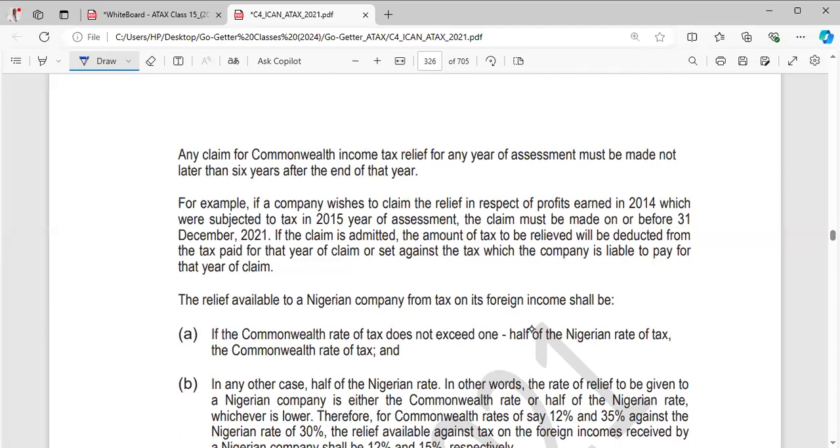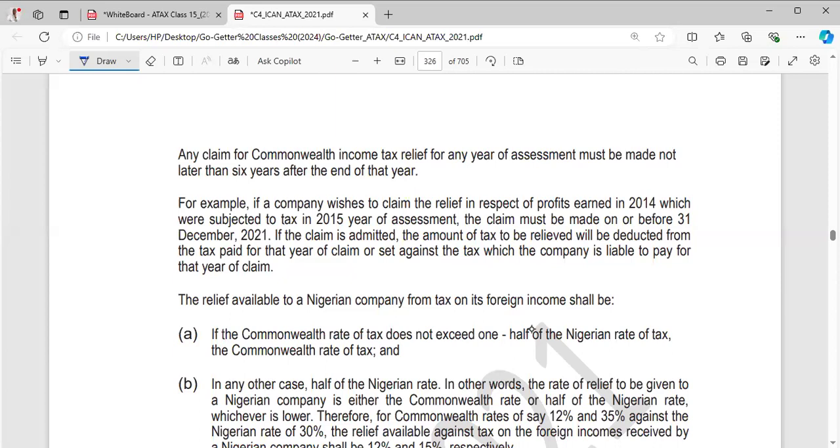For example, if a company wishes to claim the Commonwealth income relief in respect of profit that was earned in 2014, which is subject to tax in the year of assessment 2015, this claim must be made on or before 31st December 2021.